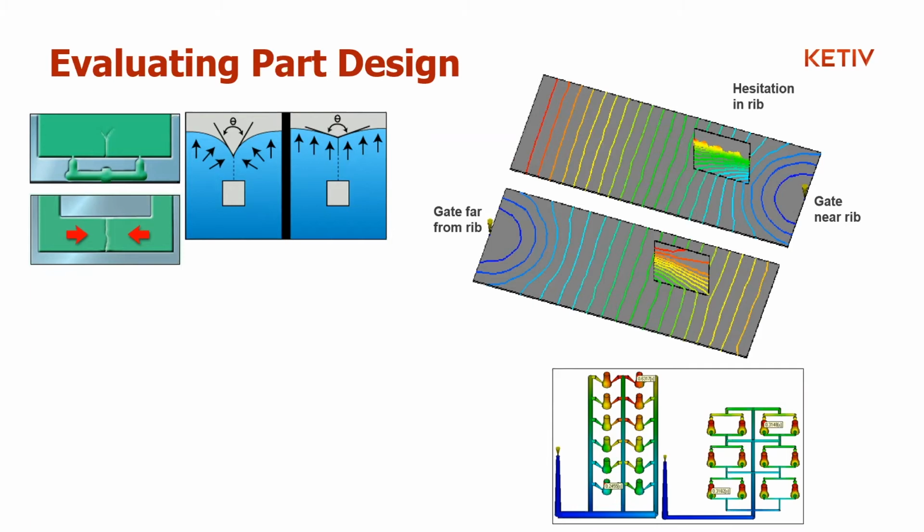So when it comes to injection molding, one way that you would ensure this is by ensuring that all the flow paths within a specific mold are balanced.